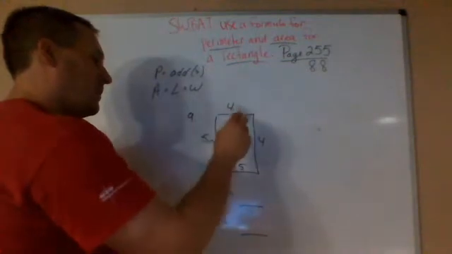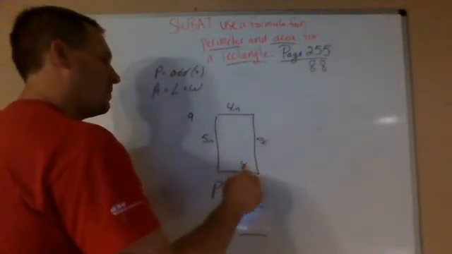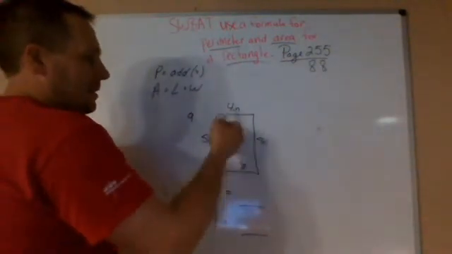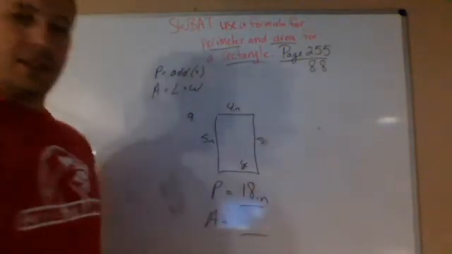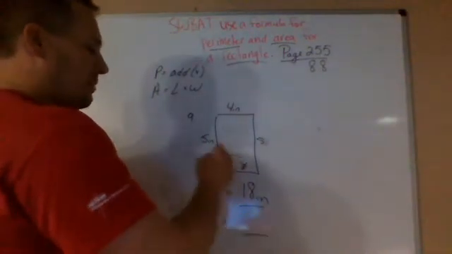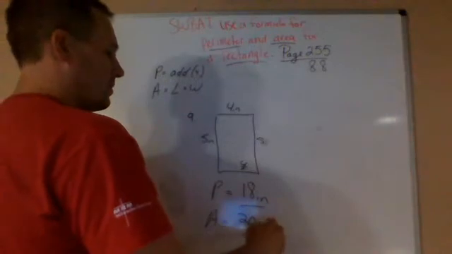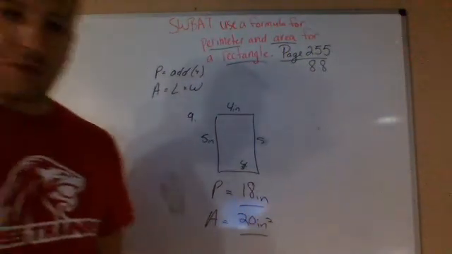So 5 plus 4 plus, whoops. There we go. I would have gotten the right answer, just put it in the wrong spot. So 5 plus 5 is 10, and 10 plus 8 is, so we have 18 inches, okay, for our perimeter. And then our area is just going to be 5 times 4, which is 20. 20 inches squared.